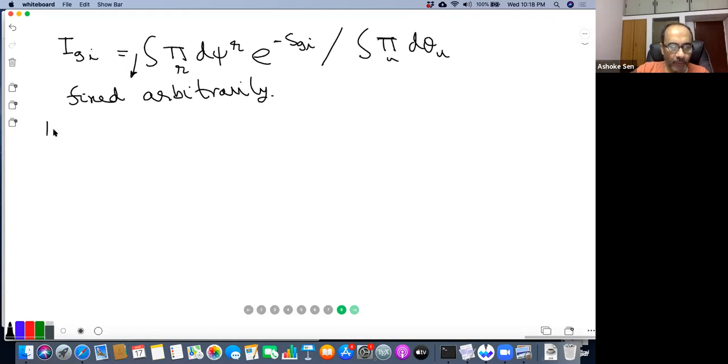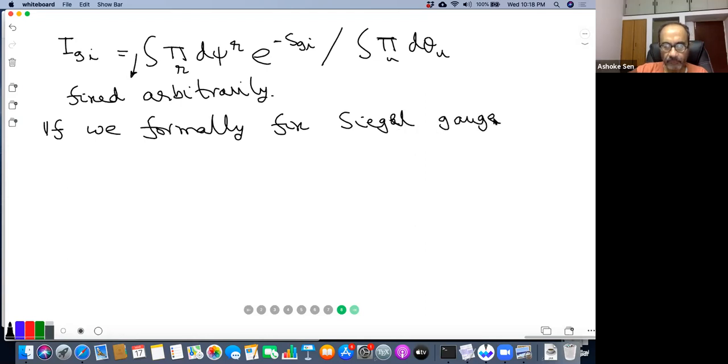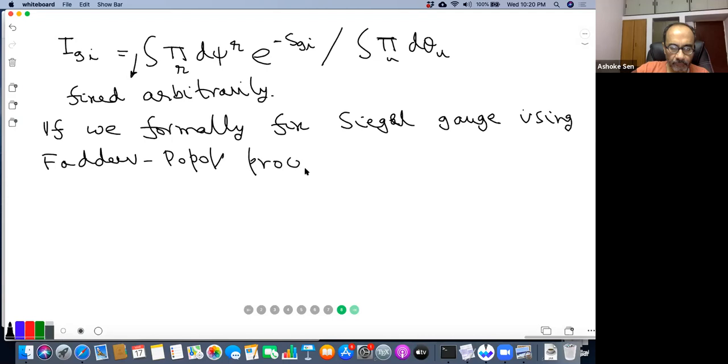If we formally fix Siegel gauge, and use the Faddeev-Popov procedure, then this can be shown to reduce to the integral that we had.